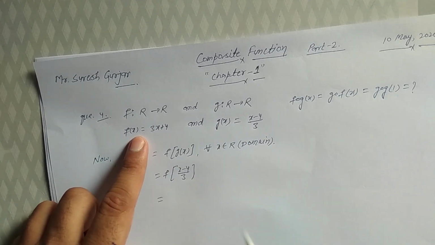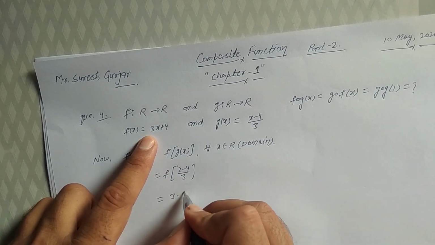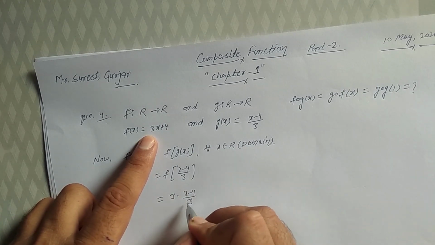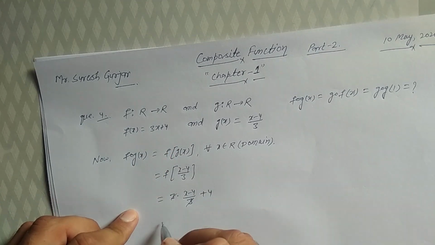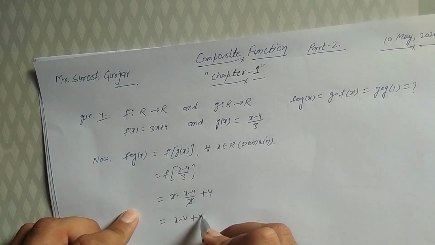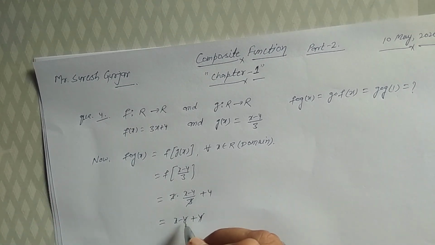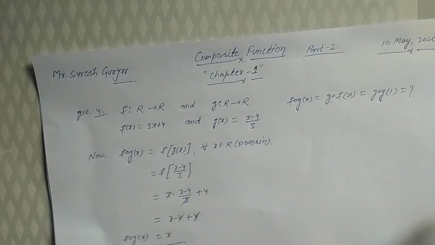Putting the value of f(x), 3 into (x - 4)/3 plus 4, the 3 cancels out, is equal to x - 4 + 4. The 4 cancels out, is equal to x. That is, fog(x) is equal to x.